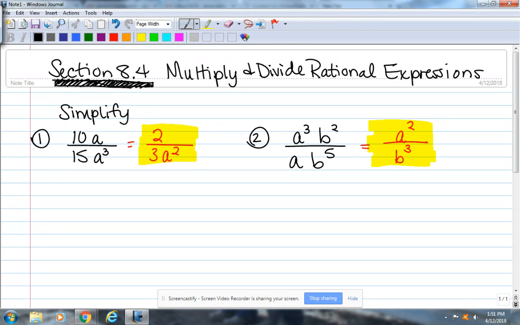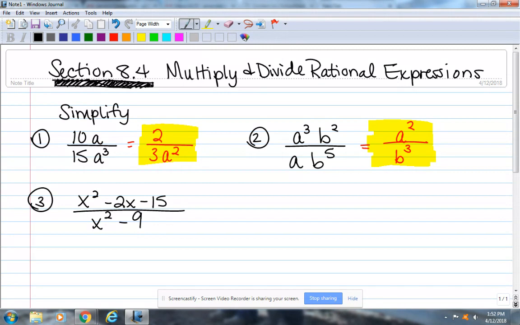So there's that. Then they start giving you some polynomials, like this. And that big fun F word comes out, called factoring. To simplify rational expressions with polynomials, we want to first factor the polynomials.